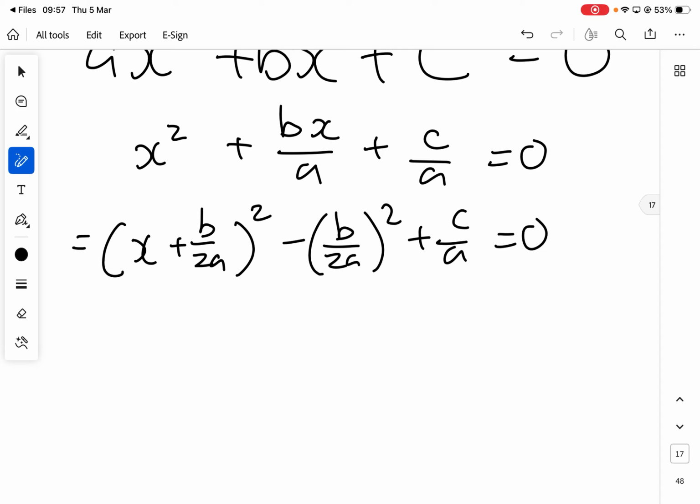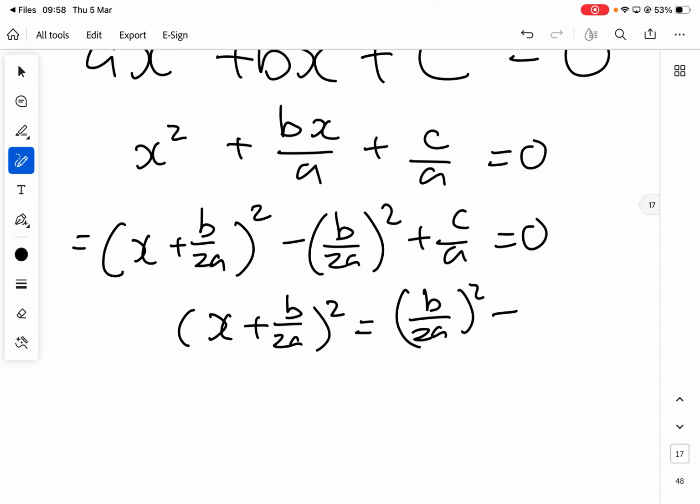Then I want to solve for x. Finally, I will keep my bracket on the left. Whatever number I have, this number goes to the right. So when this number goes to the right, I will have b over 2a squared minus c over a.